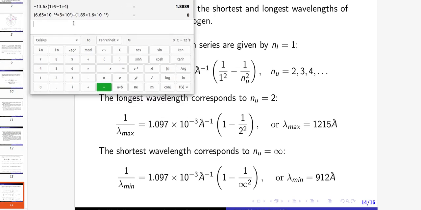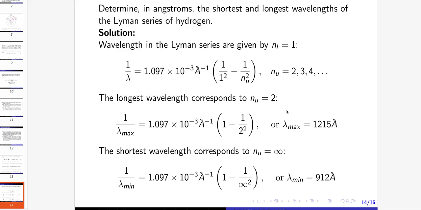You multiply 1.097 times 10 raised to the power minus 3 by the bracket, 1 minus 1 over 4, and 1 over 4 is 0.25. After getting that, that answer gives us 1 over lambda max. Then you find the inverse of that to give you lambda max, and you get 1215.4 angstrom.